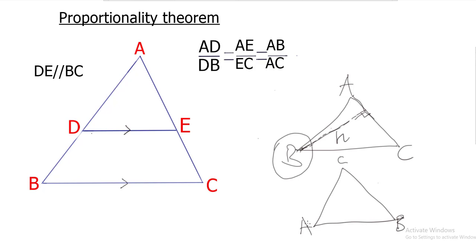No. You can turn the triangle so that this is your head, and you choose this as your base. Or you choose this as your head, and this becomes the base of the triangle. So if you draw a line here, this becomes the height, and this will be your base. What is your base here? The base will be the side AC.